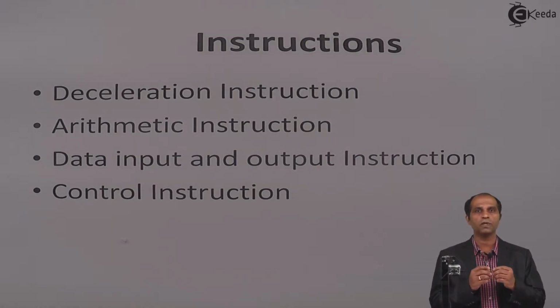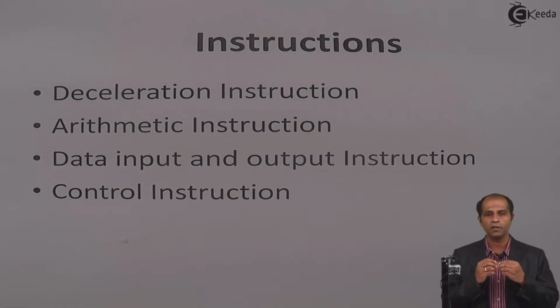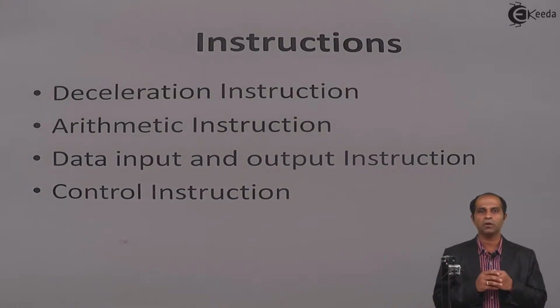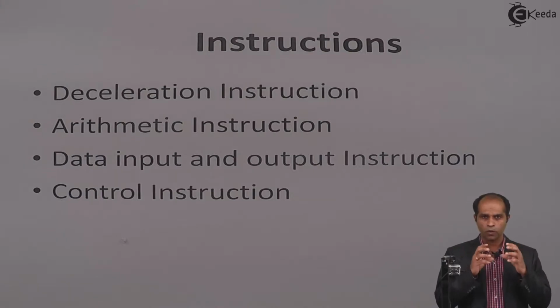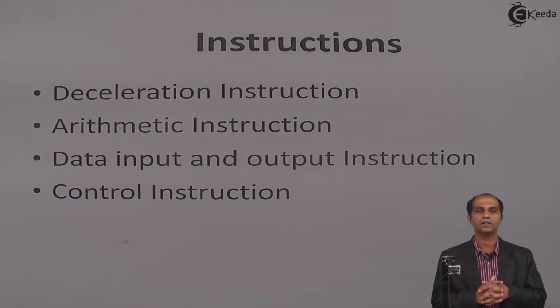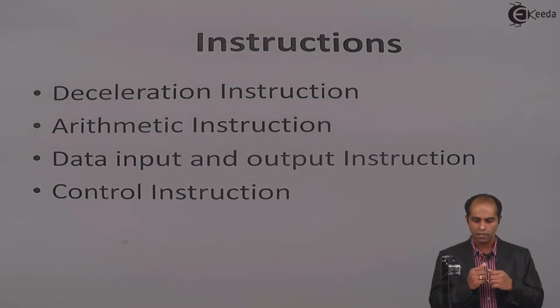And when I ask you to display values, print some results, or display some messages, we're going to have a data output which will be carried out using an instruction called printf. So a fundamental program will have all these three types of instructions: declaration instructions, arithmetic instructions, and data input output instructions.